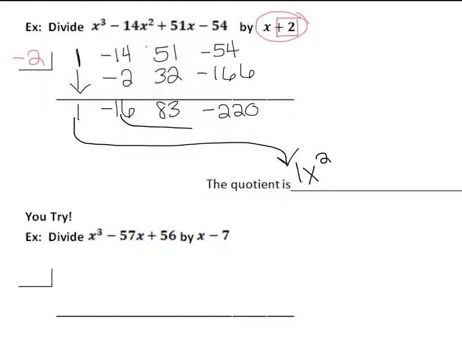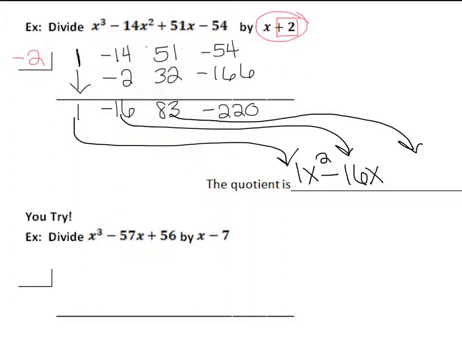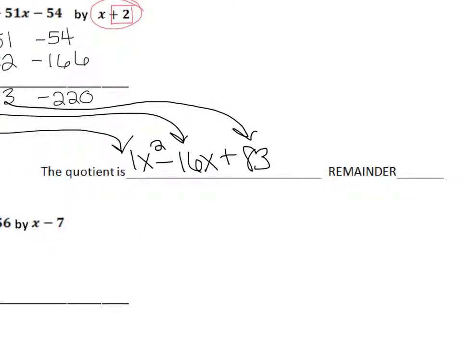Then we have a negative 16 with just an x. And then we have an 83. Well, after just an x would be just a number. Now here, the negative 220, that's our remainder, which we have a space for it. So our remainder is negative 220.